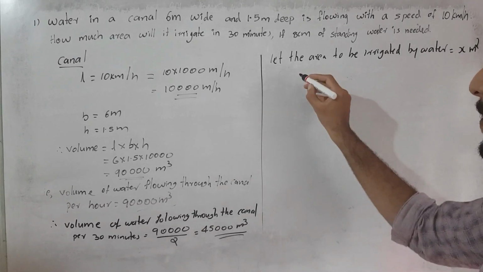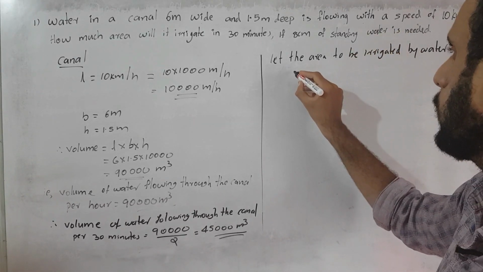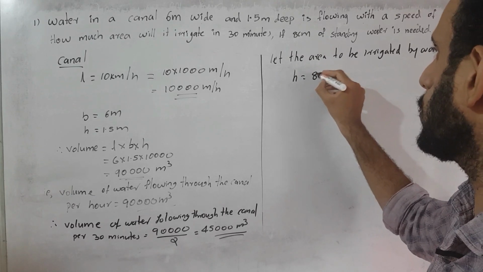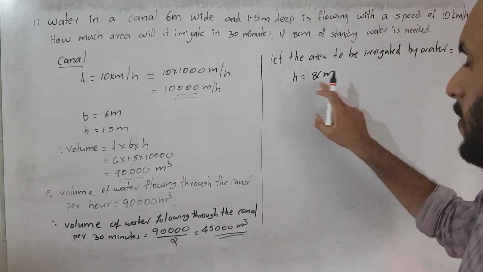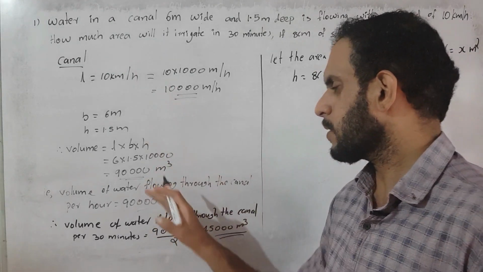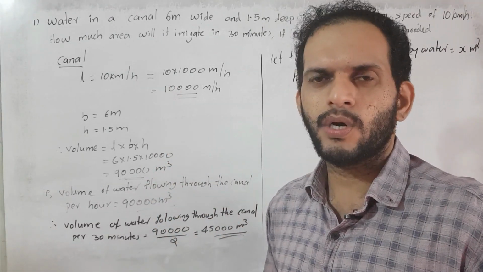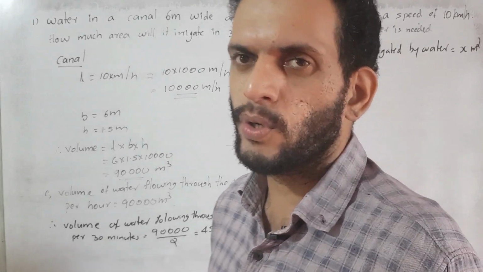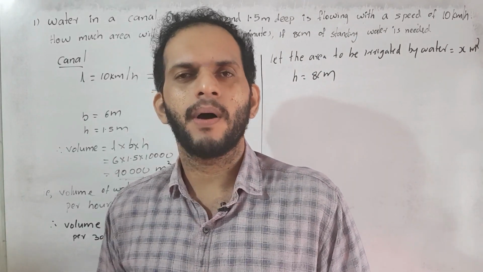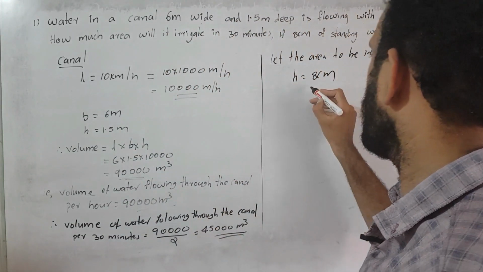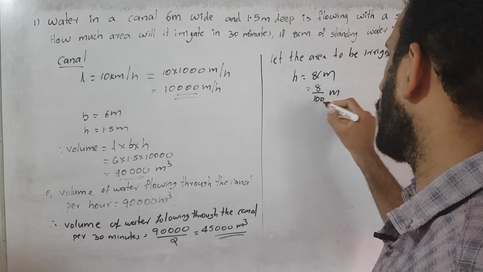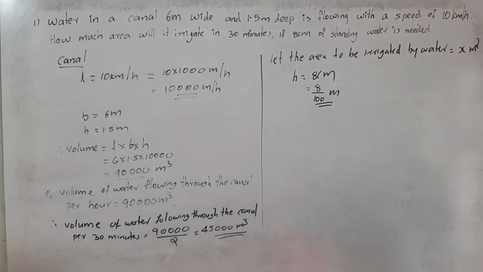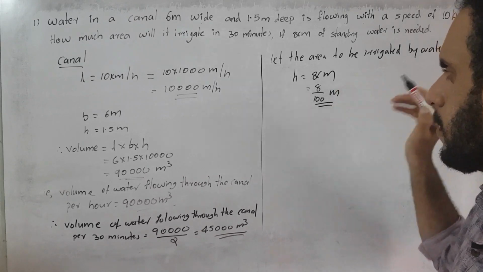Then the height of the water is equal to 8 centimeter. Correct. So here the height is given in centimeter, but all other measurements are given in meter. Then we need to convert the centimeter to meter. How do we convert? Yes, we divide by 100. So it is equal to 8 by 100 meter. The height of the water is equal to 8 by 100 meter.